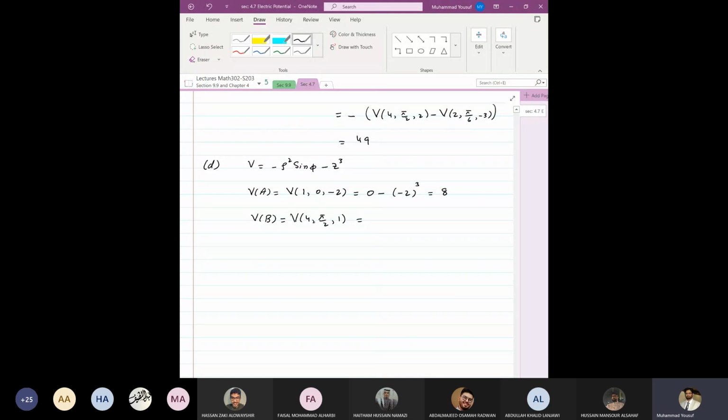Sine pi over 2 is 1, so 4 squared is 16, so minus 16. Z is 1, so minus 1. So this is equal to minus 17.